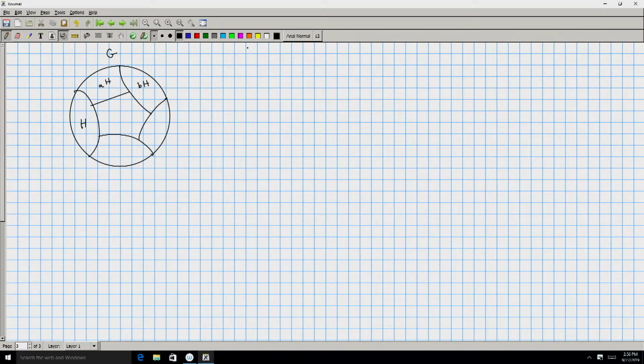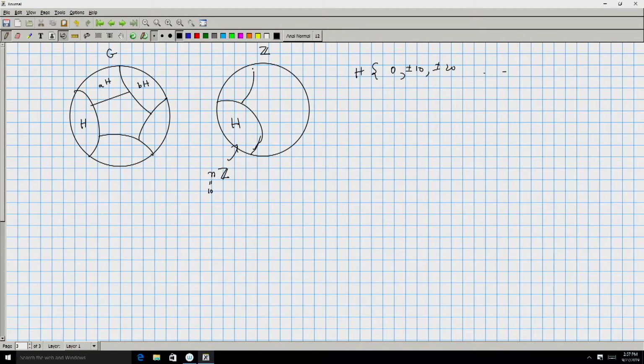If G were the set of integers and H the multiples of n, for example n equal to 10, then H is all elements of the form 0, plus or minus 10, plus or minus 20 and so on.